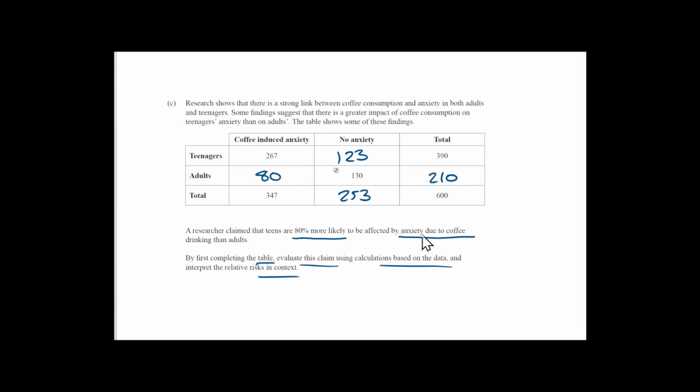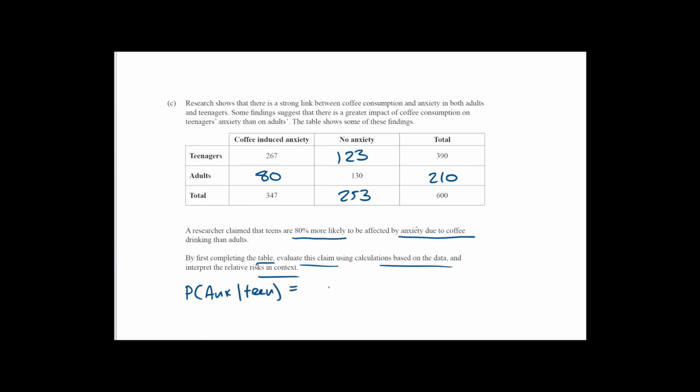All right, so how are we going to do this last part? The first thing we're going to need to do is work out the risks. Let's do a relative risk analysis. So, what's the probability that someone has anxiety given that they're a teen?